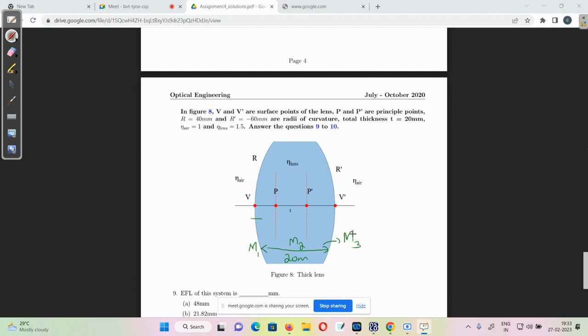Then you have to cascade these three matrices and you will get the main matrix m. First the light travels through m1, then m2, then m3, so you have to find m3, m2, m1. Then you will get the matrix m.